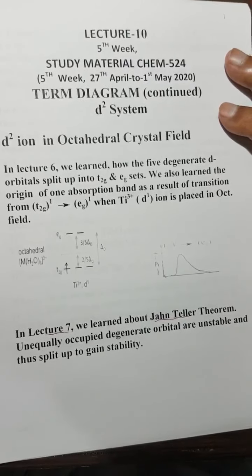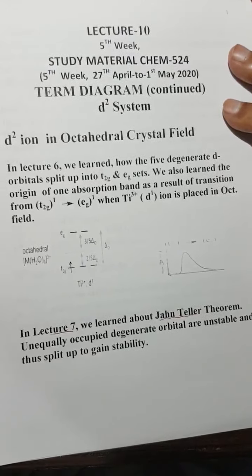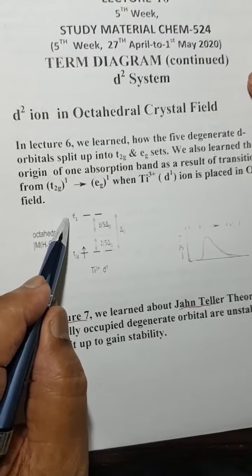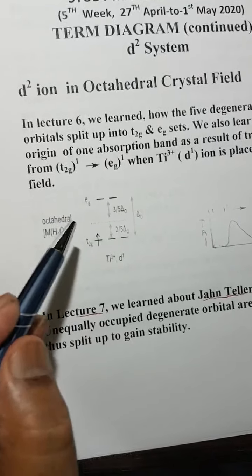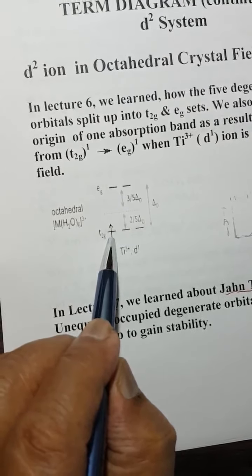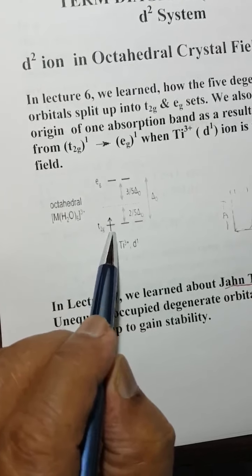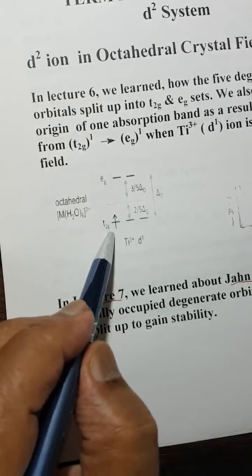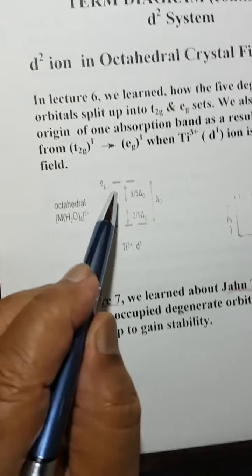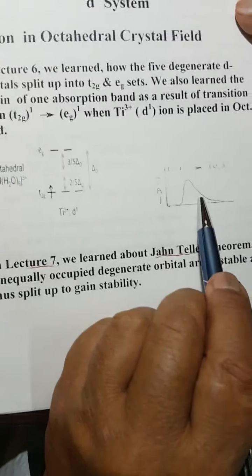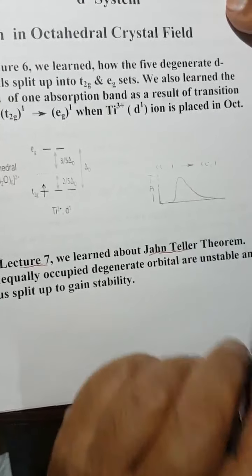You know very well by now that they split into t2g and eg. And if there is, let's say, one electron, it will stay first of all here in the t2g set, and then when it gets some energy, which is represented here, it will go up here. This absorption is reflected in the absorption band.